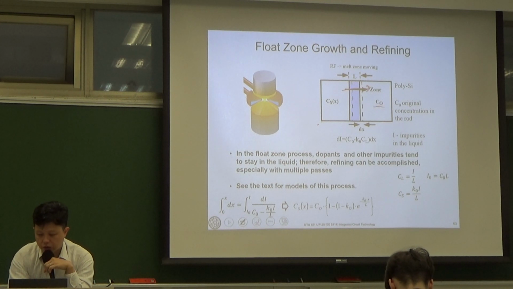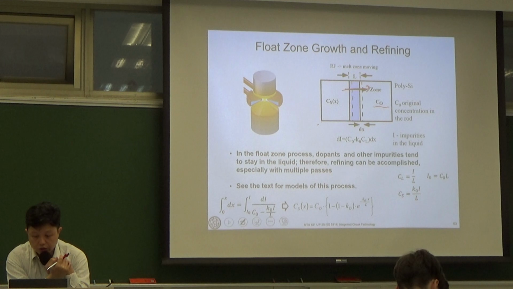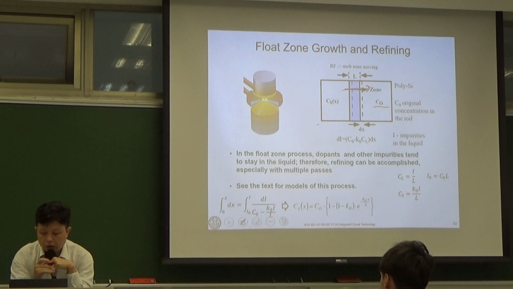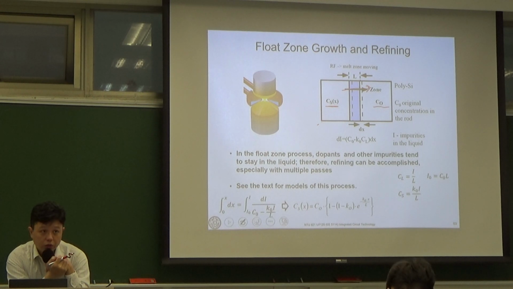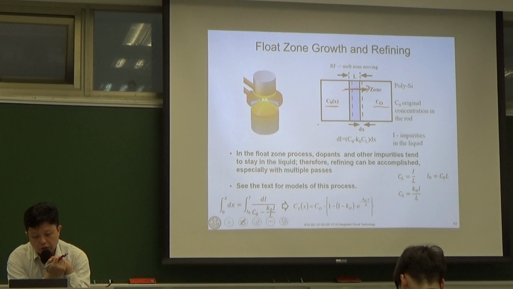This is the original concentration in this rod, and this is the concentration in your solid, which is refined or purified after you move your coil in the positive X direction. Because of the effect of the segregation coefficient, this CS will also be a function of your position.